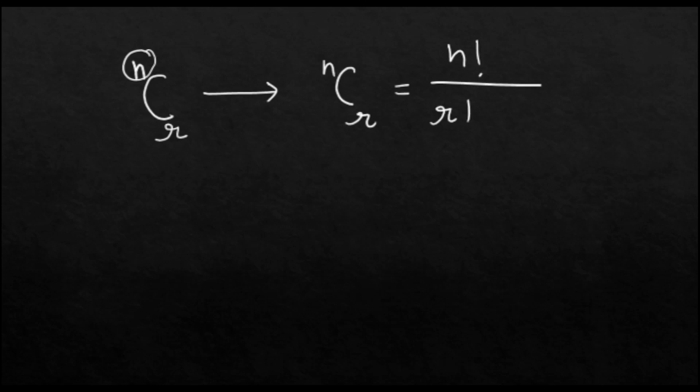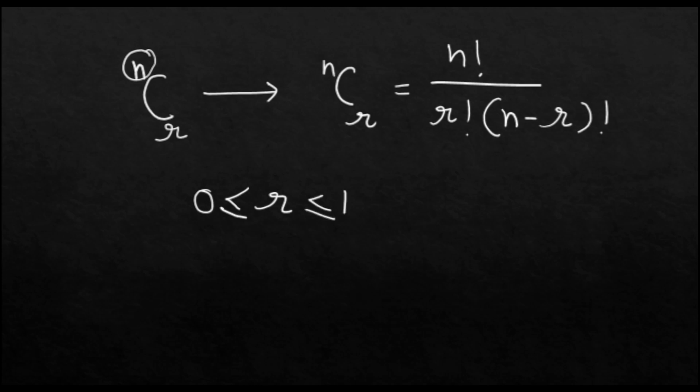For this, we make use of the concept of combinations to rewrite the numbers in Pascal's triangle. And how do we do it? Let's see. We know that the number of combinations of n different things taken r at a time is given by n factorial over r factorial times (n minus r) factorial, where r is greater than or equal to 0 and less than or equal to n.